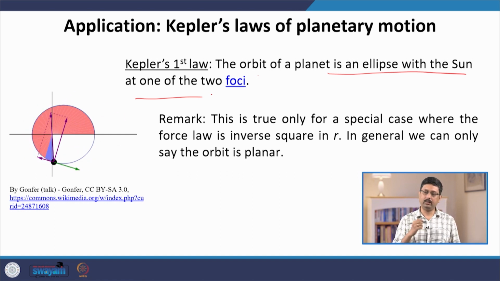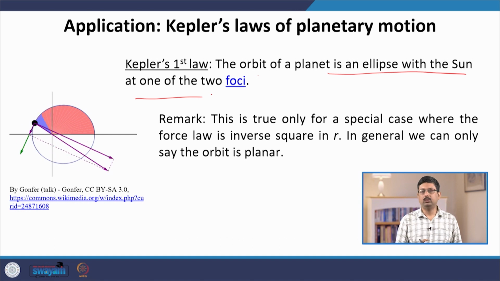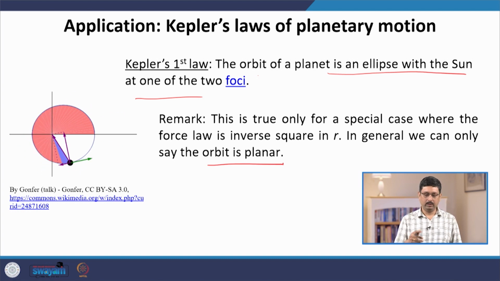In general it could have some complicated trajectory, but no, it always moves in the same plane. So, this is consistent with Kepler's first law, because an ellipse is an orbit in a plane. From this analysis we can only say that the orbit is planar. So, Kepler's first law contains more information. It in fact says that the orbit is an ellipse.